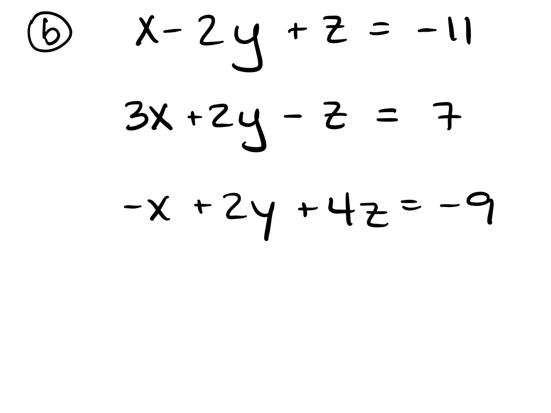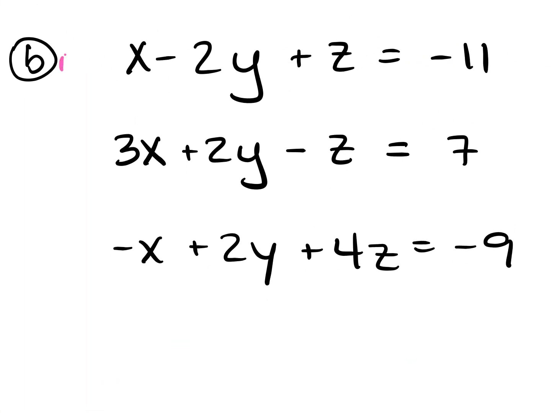On the next page, I'm going to start by labeling my equations 1, 2, and 3. Which variable do you want to eliminate? We can pick x. Anybody see what might be a better choice to eliminate? Why would you pick y instead?